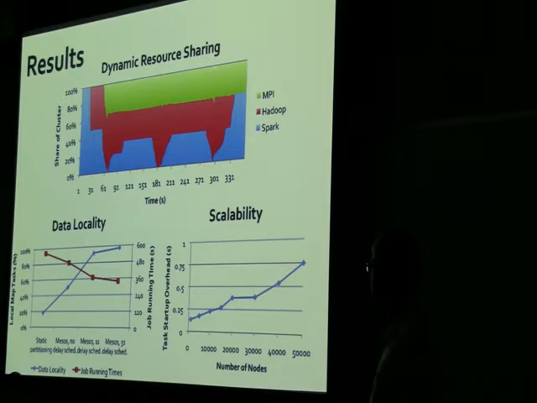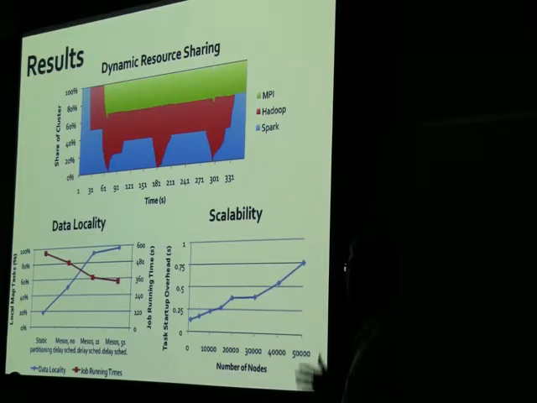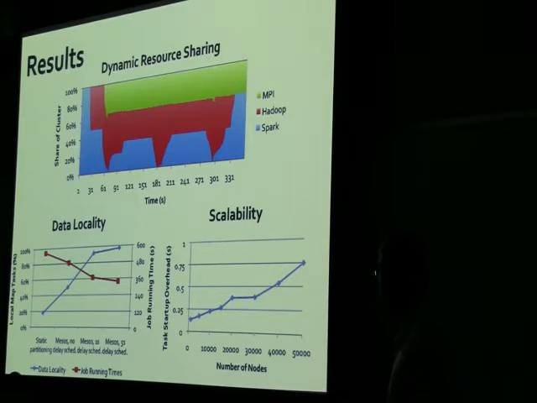The graphs at the bottom are really just showing that you can get data locality on Mesos, and you can get scalability. On the left, we have a blue line, which is data locality, and a red line, which is the time it takes to run a job.